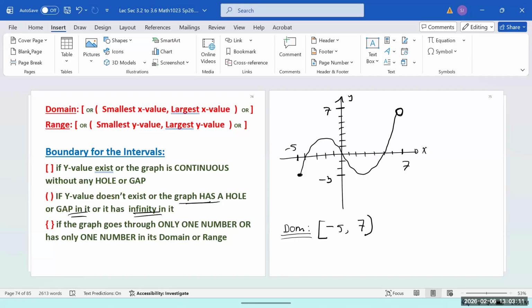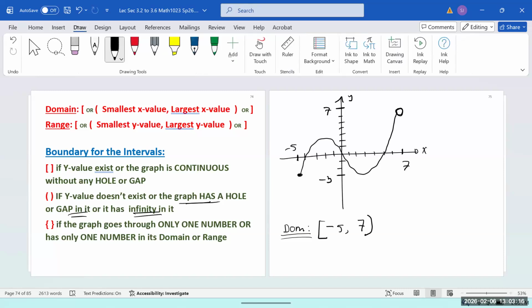So it's a parenthesis. What parentheses tells us is that parentheses means go up to that number, but you cannot use that number.